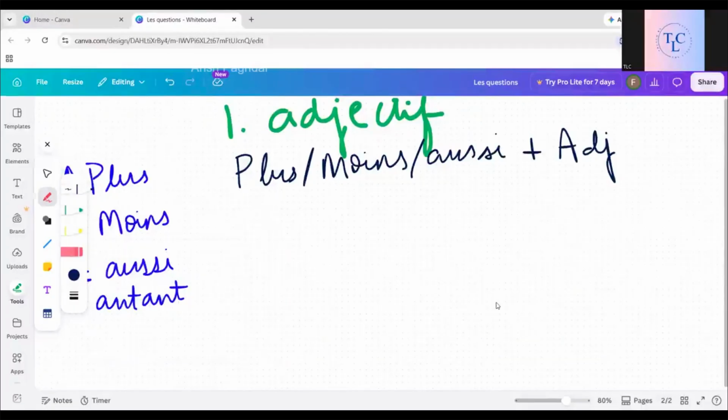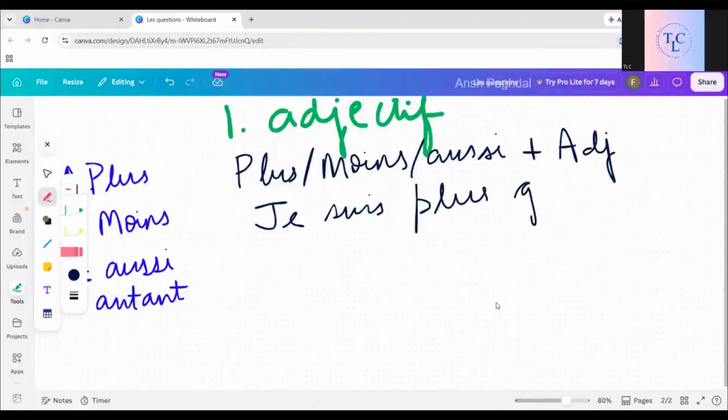Okay, for example, je suis plus grande. I am taller. Okay, so tall is grande, and it's more, so plus grande. So you see plus and then the adjective. Okay, we can also say je suis moins grande. Je suis aussi grande. Okay, anything is possible.